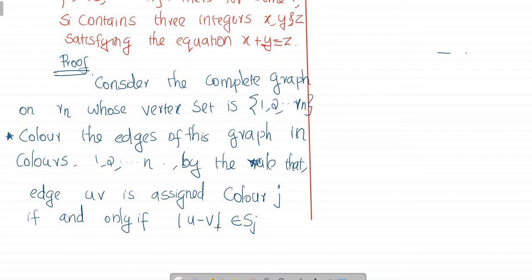The vertices U and V are numbered 1, 2, 3, etc., up to Rn, and their difference must be in SJ. Here SJ is a partition of the complete graph's vertex numbers, which is already given in the assumption: S1, S2, etc., Sn be any partition of the set of integers.